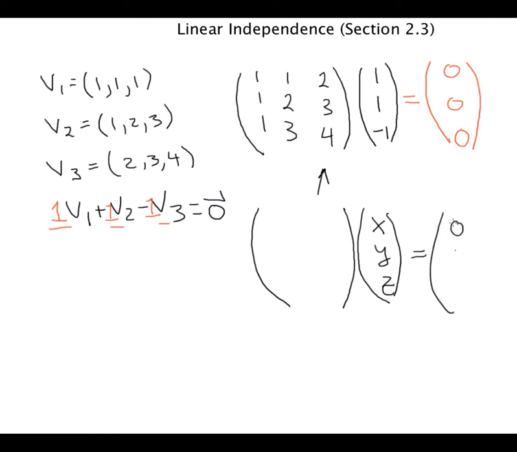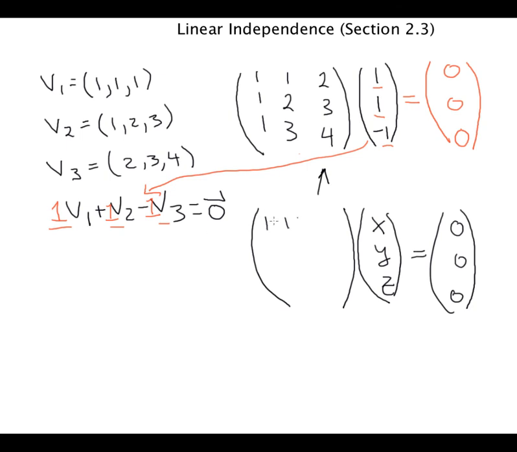This is a very easy example, but it gets the idea. These guys here, 1, 1, minus 1, are exactly the coefficients over here. In terms of an equation, if you wanted to find these, that would be the same thing as looking for this x, y, and z which makes this hold. And of course, this is the original matrix here.